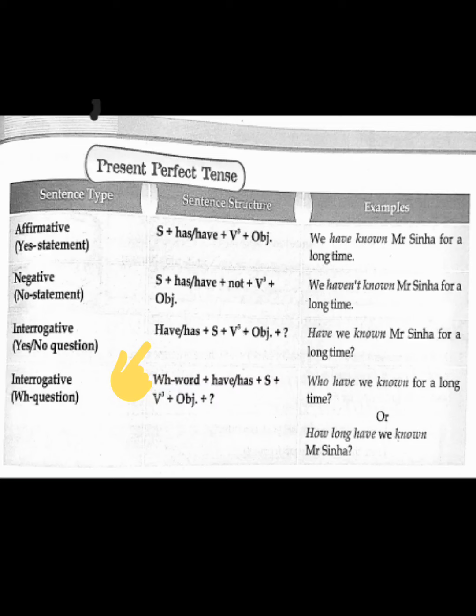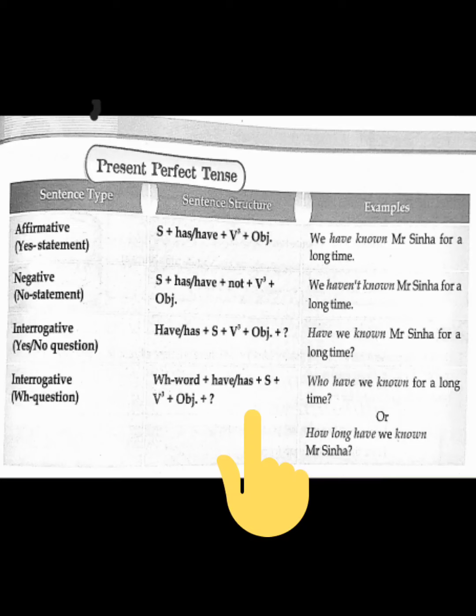Question mark. Then what happens in the interrogative case with a WH question? Let's see. WH word plus has or have plus subject plus verb third form plus object plus question mark. So now let's see the example. Who have we known for a long time? Or how long have we known Mr. Sinha?